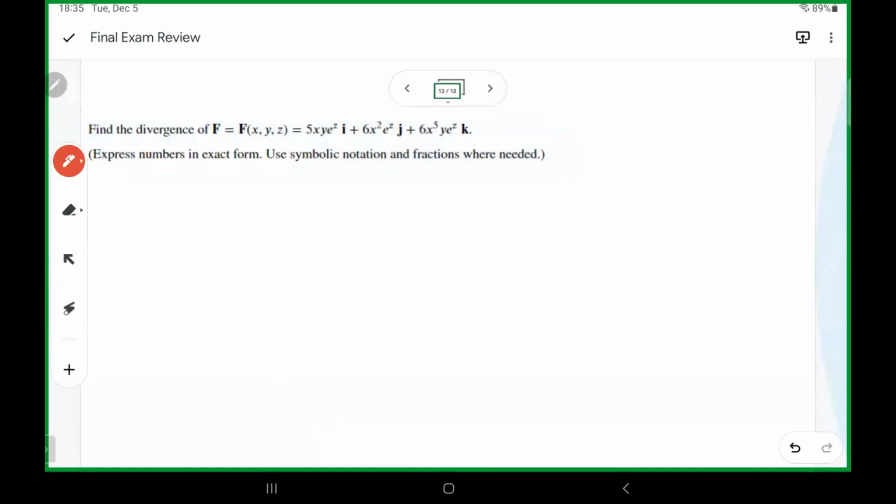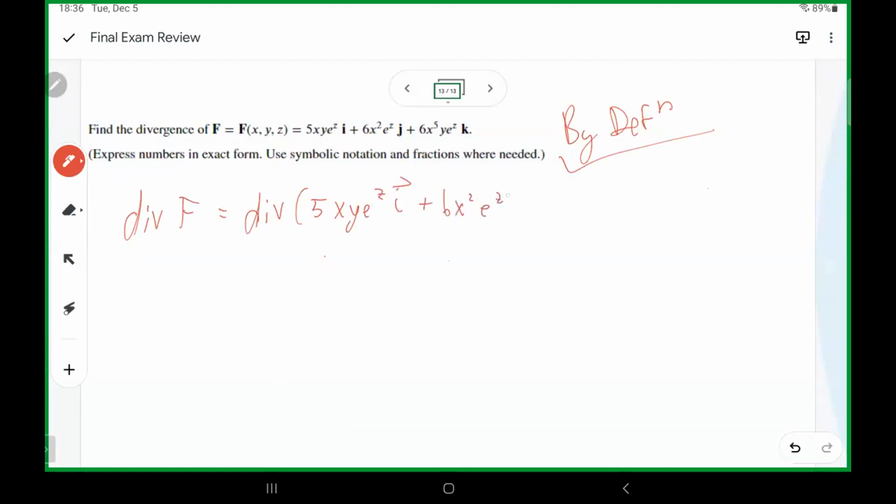All right, so it says find the divergence of f equal to the following. So by definition, the divergence of the vector field is div f. Div of 5xy e to the z i plus 6x squared e to the z j plus 6x to the 5th y e to the z k.